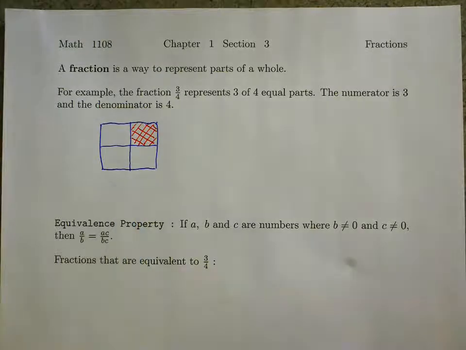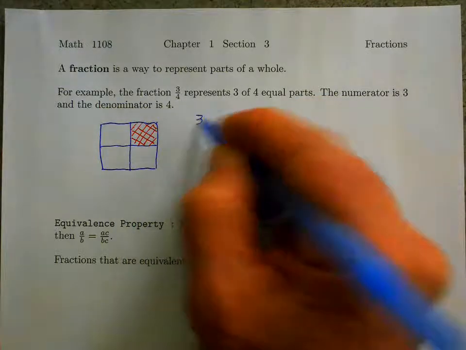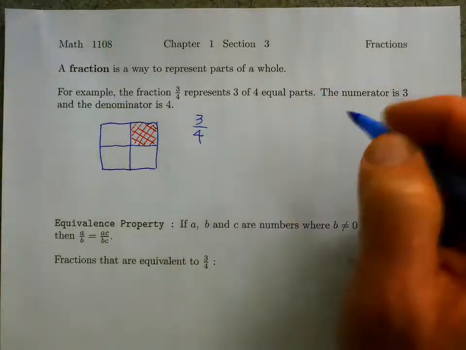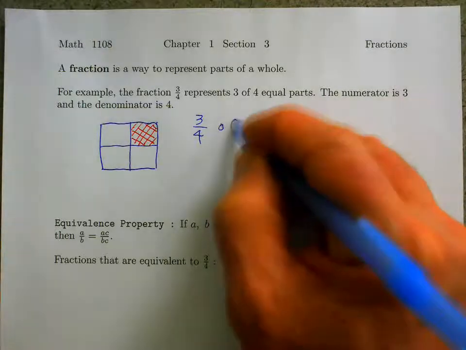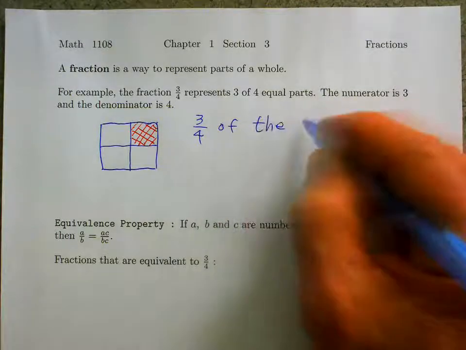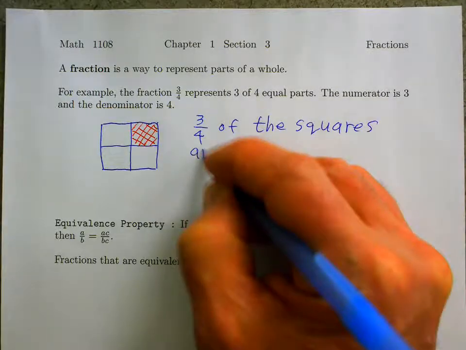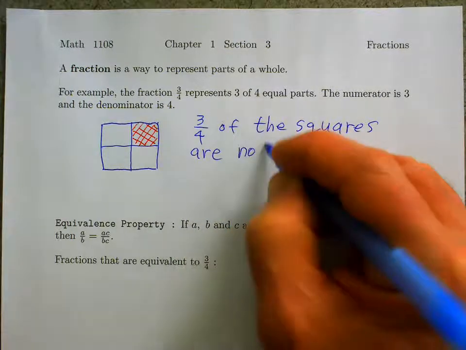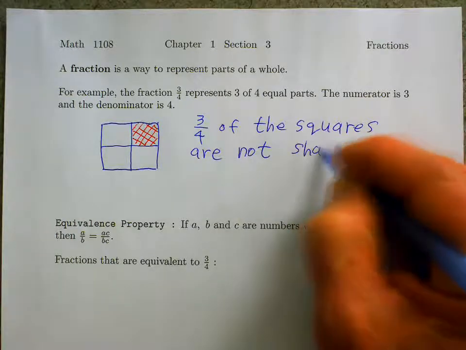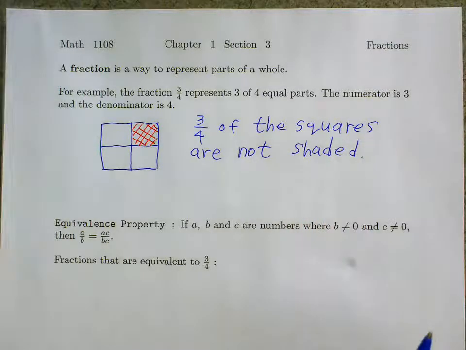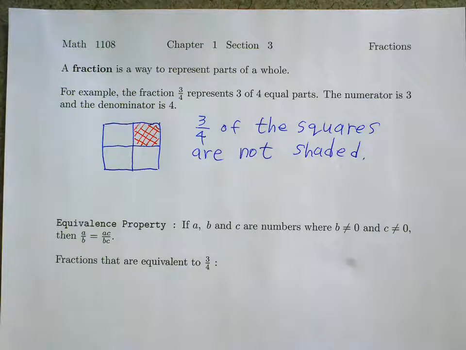We could say 3/4 of the squares are not shaded. Three out of 4 are not shaded.